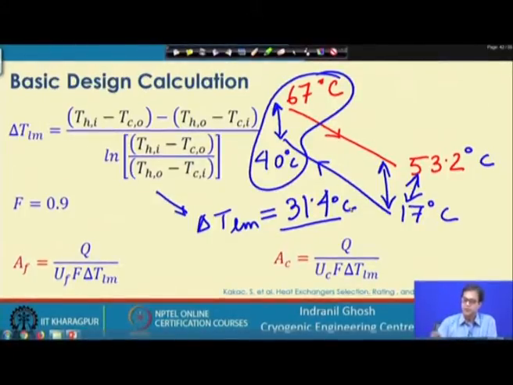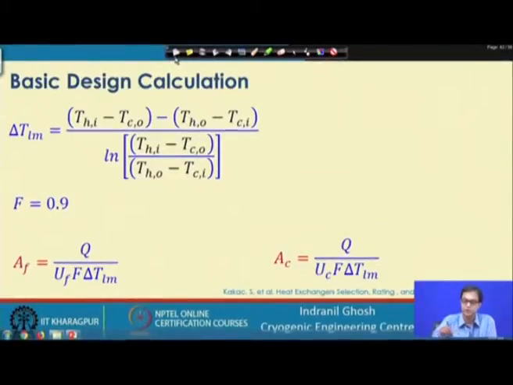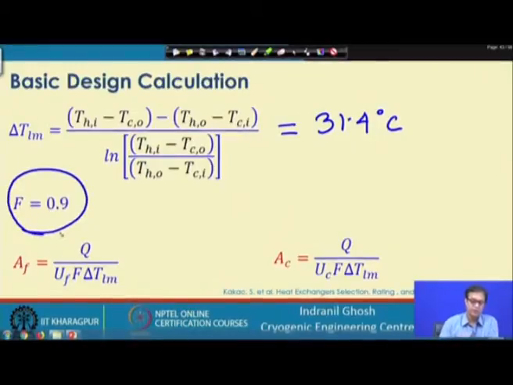This is true only for the purely counter current exchanger, but in reality it is not so. So, this is 31.4 degree centigrade, and we are assuming a correction factor of 0.9.